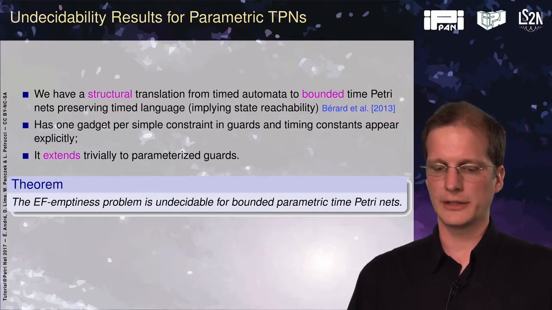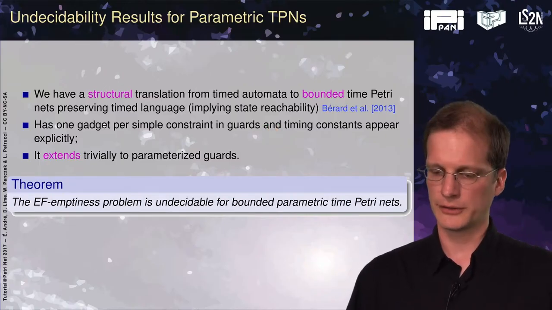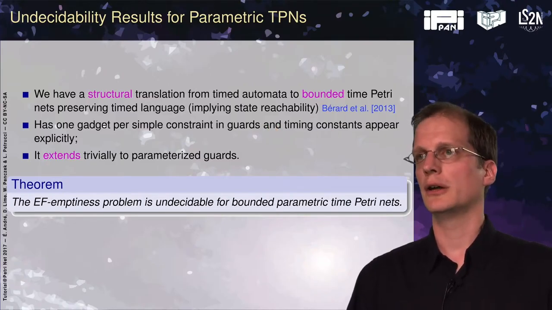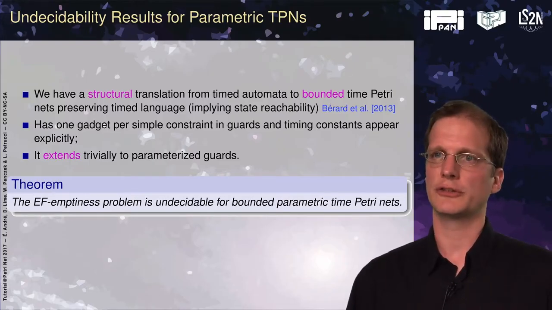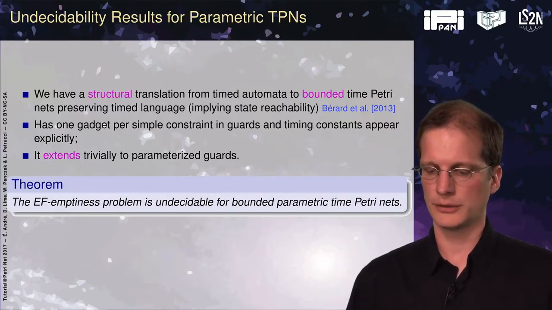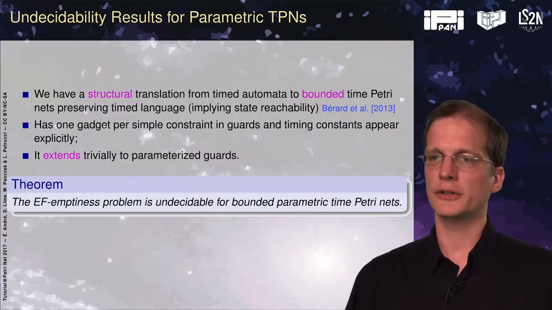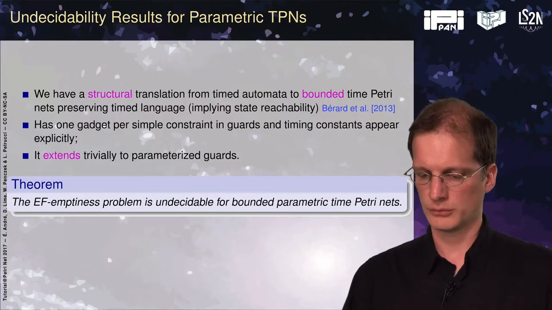And we have exactly one gadget for each constraint in guards, and timing constants appear explicitly. So what I mean by this is that if in this construction we change the constants by parameters, then nothing really changes. So we can, using this construction, get all the undecidability results from timed automata into bounded parametric time Petri nets.